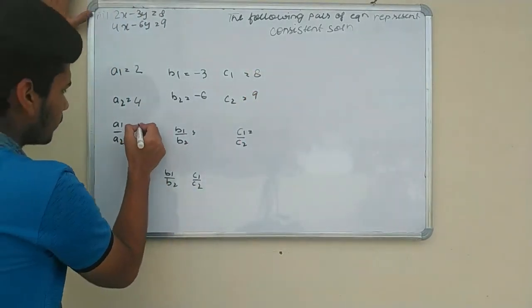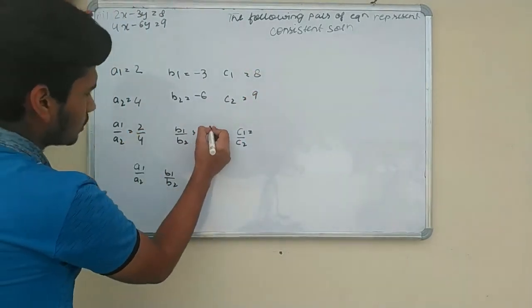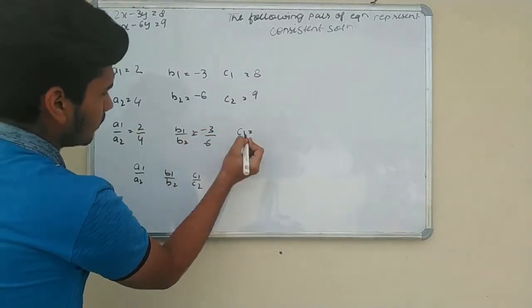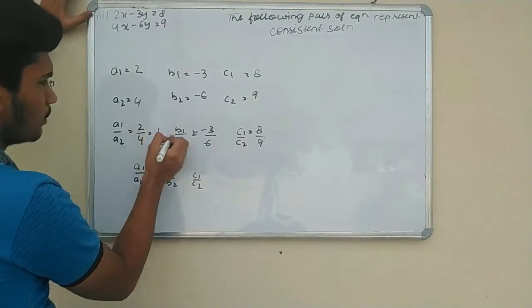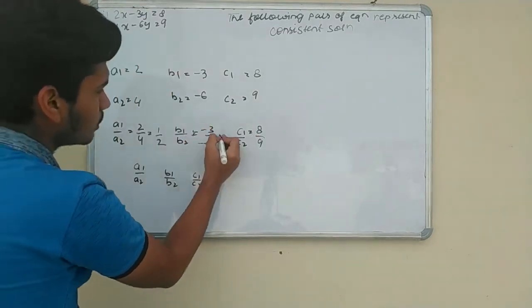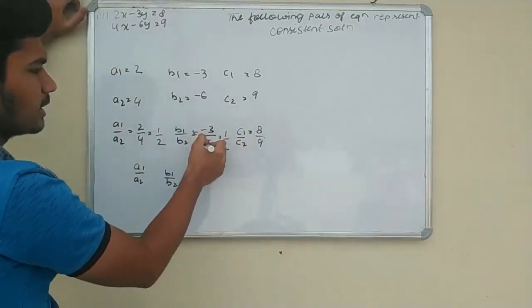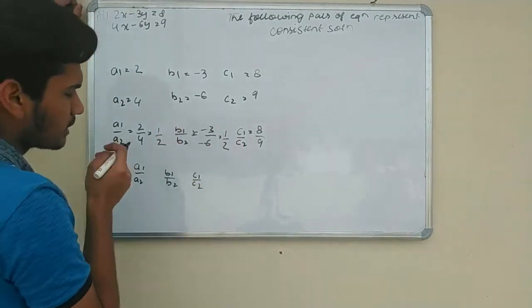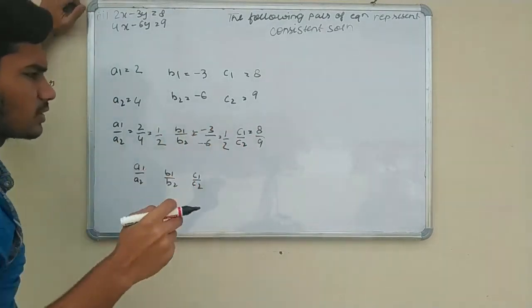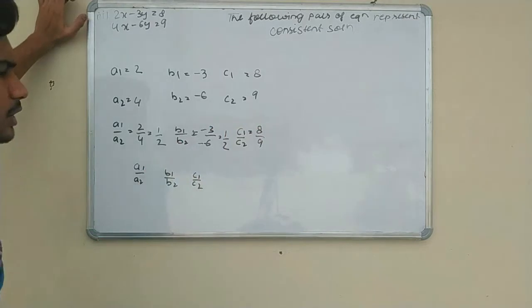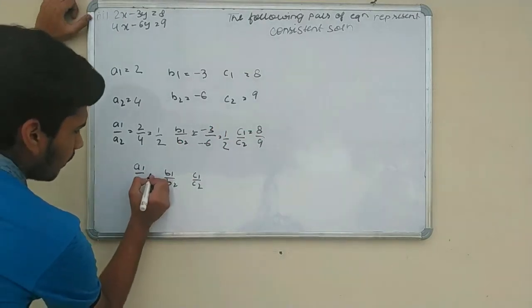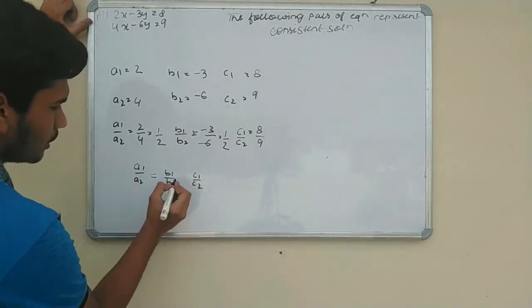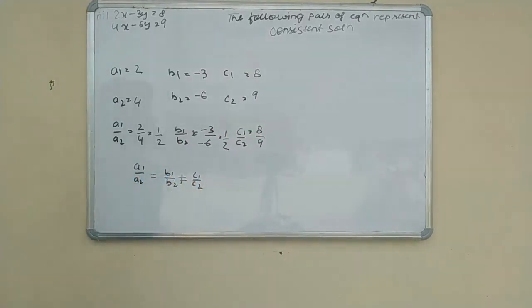So if we see the ratios, a1 upon a2 is equal to 1 upon 2, b1 upon b2 is equal to 1 upon 2, minus and minus got cancelled, 3 upon 6 equal to 1 upon 2, and c1 upon c2 is 8 upon 9, which cannot be reduced further. So a1 upon a2 is equal to b1 upon b2, but it is not equal to c1 upon c2.